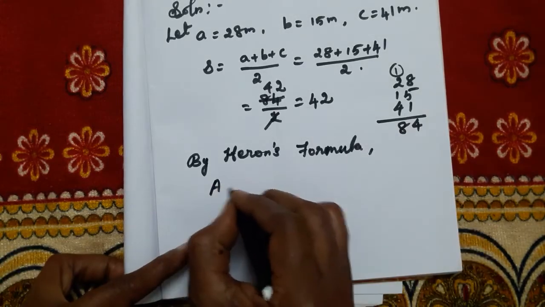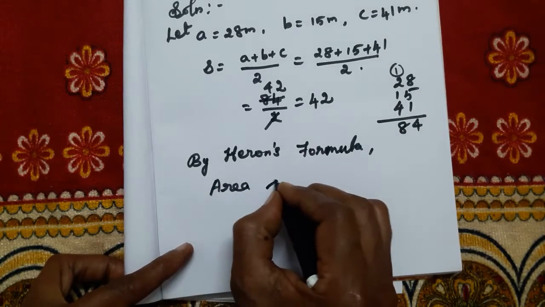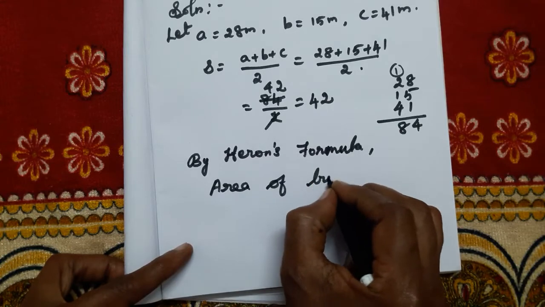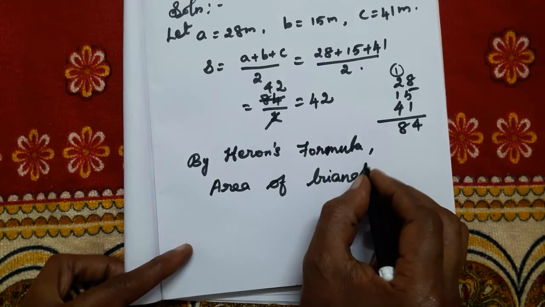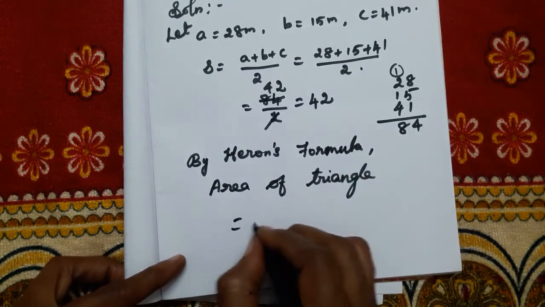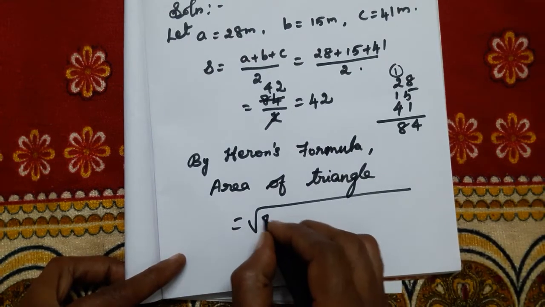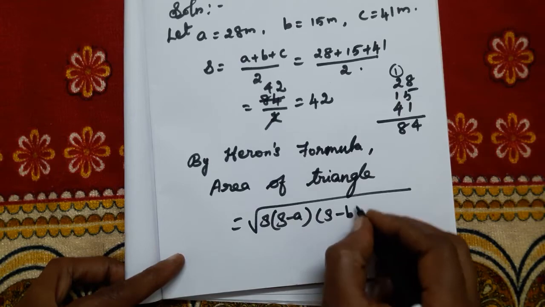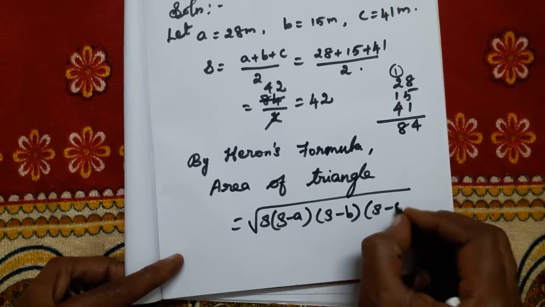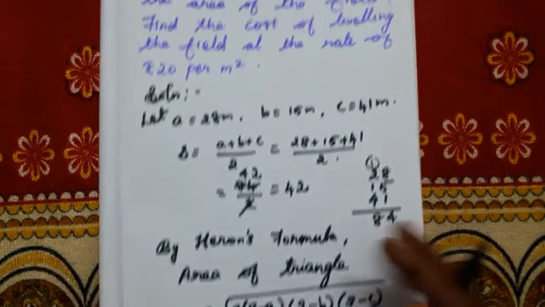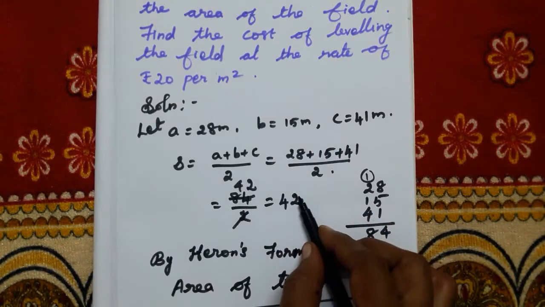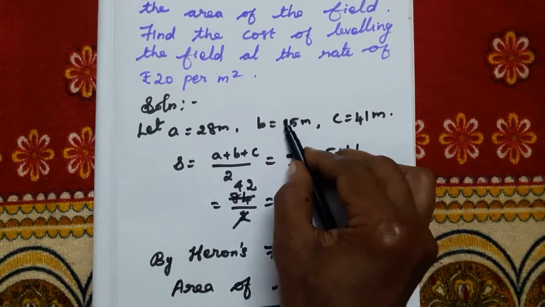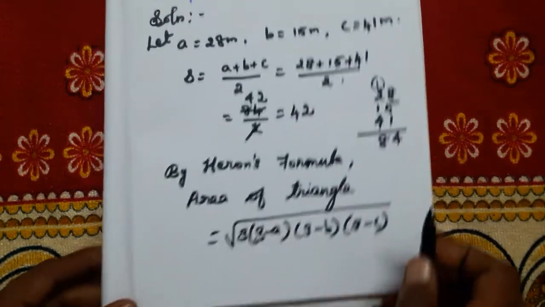Area of triangle is equal to root of S into S minus A into S minus B into S minus C. Here S is 42, A is 28, B is 15, C is 41.